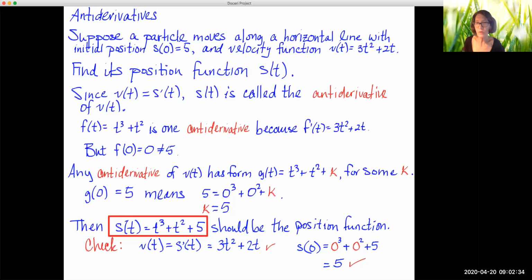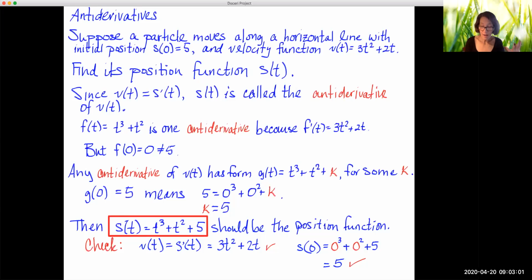So we just started with an example to show what an antiderivative means. It means we're given a function and we're told this is the derivative of something, and our job was to find the antiderivative, the function that if we differentiate it, we'll get the derivative we were given.